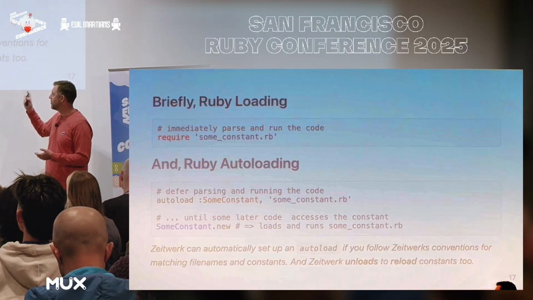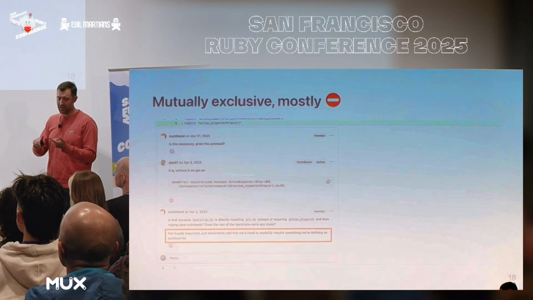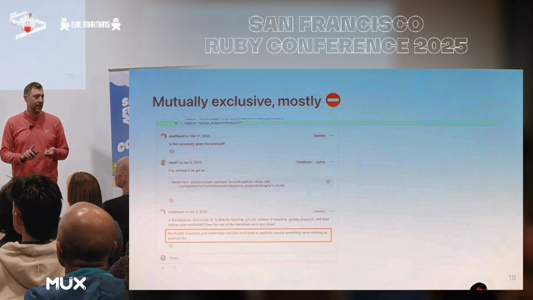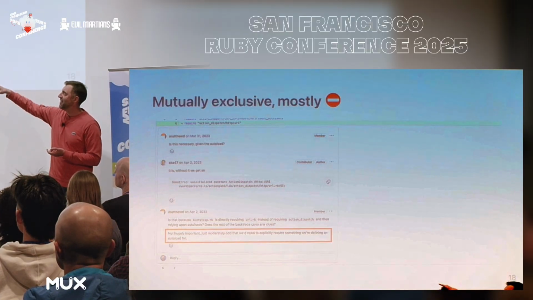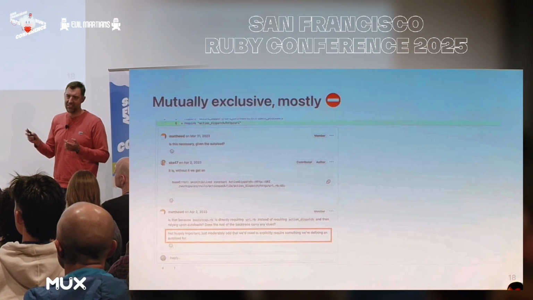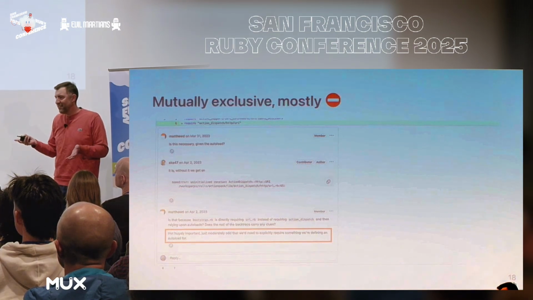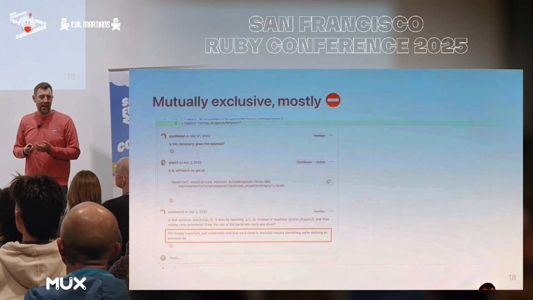So that's a function of code reloading. And usually requires and auto-loading are mutually exclusive. This is a funny Matthew Draper Ruby on Rails PR comment, where he's saying it's not hugely important if you require something that was auto-loaded, but it's kind of a smell.